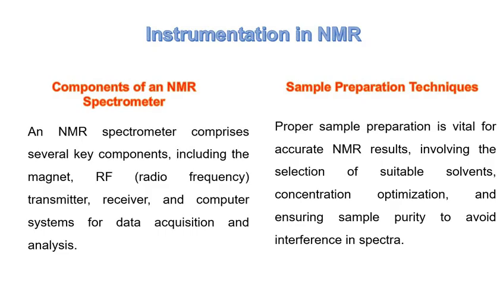RF transmitter generates and sends radio frequency pulses to excite nuclei. Sample probe holds the sample tube and detects the NMR signals. Receiver or detector, it detects emitted RF signals as nuclei relax. Computer system processes signals to produce the NMR spectrum.